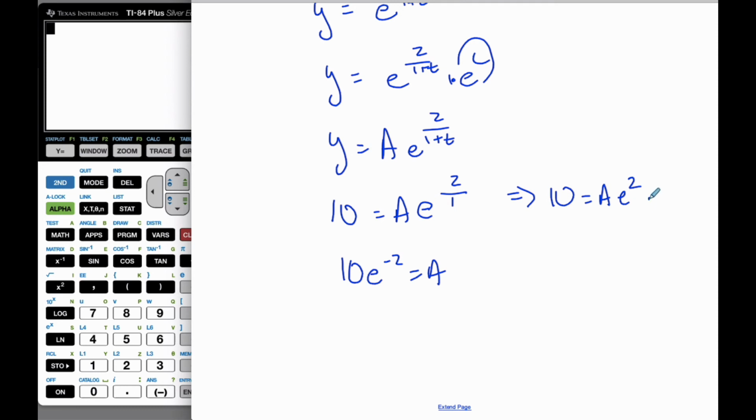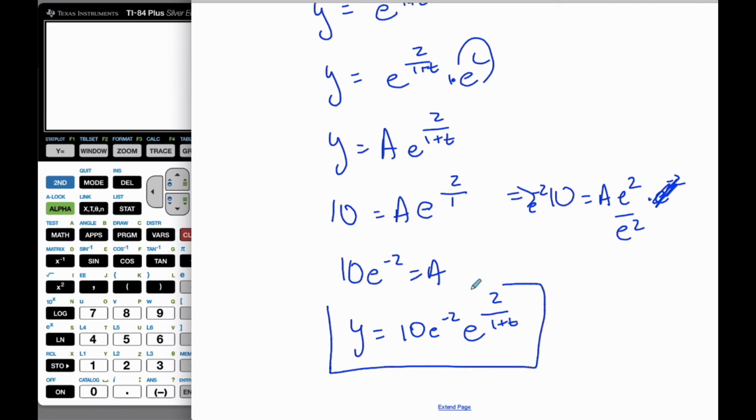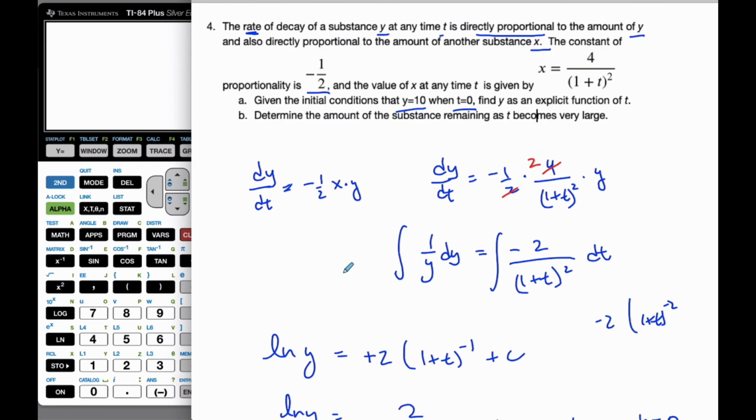So if I multiply both sides by e to the minus 2, which is the same thing as dividing by e squared, a is 10 e to the negative 2. And so y is equal to 10 e to the negative 2 times e to the (2 over (1 plus t)). So here is the function explicitly defined in terms of t.